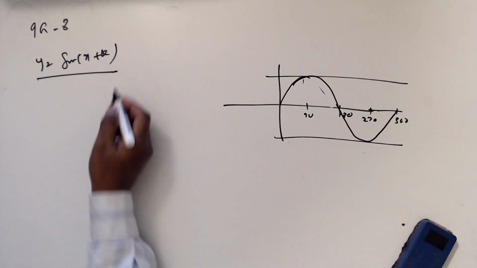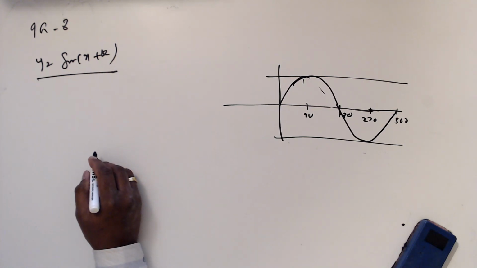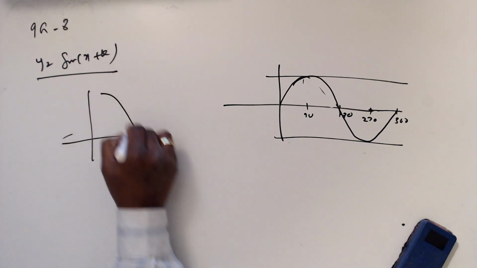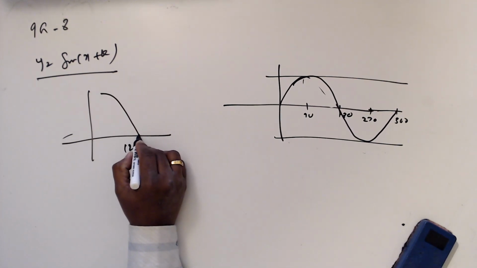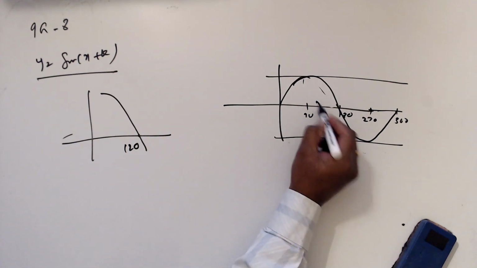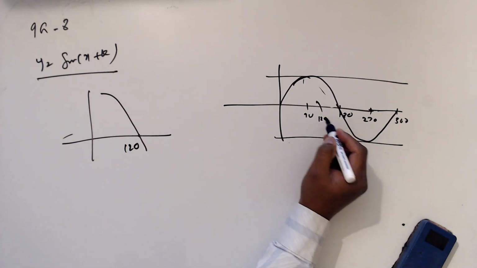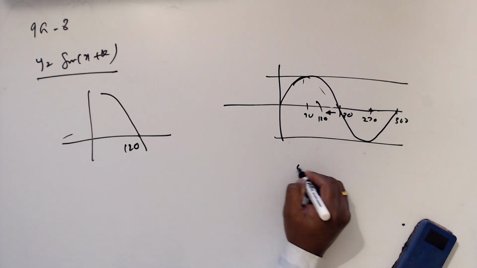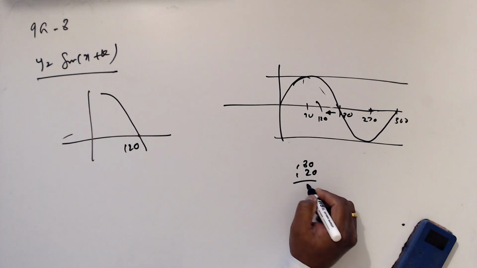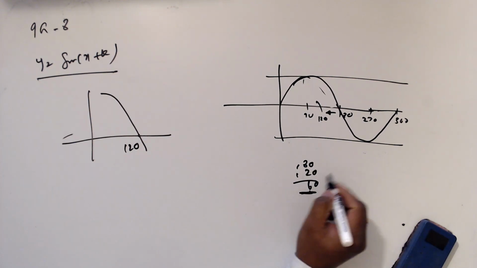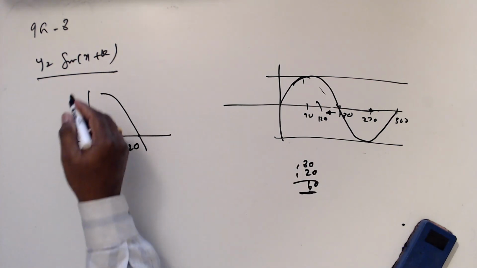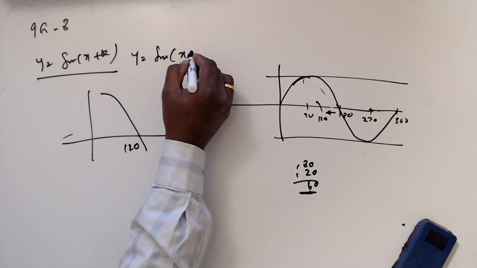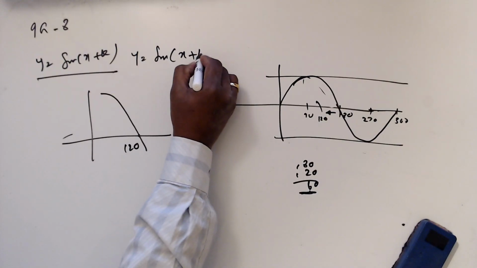y equals sin(x + k). In your graph you can see that this one crosses at 120, not 180. It crosses somewhere here at 120. It means it was shifted 180 minus 120, which is 60, to the left. So then y equals sin(x + 60).